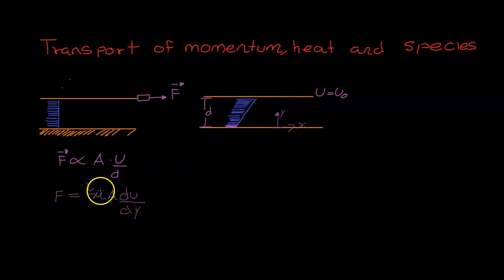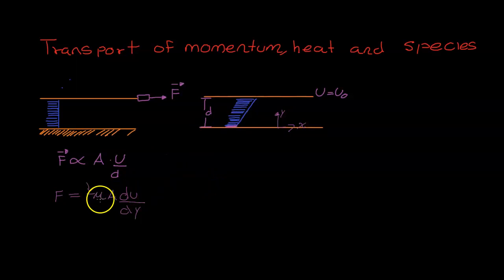And this mu here is what we called dynamic viscosity in the previous video. That is just the resistance to flow under an external force, we said. If we didn't have this force here, and instead just gravity, this would be kinematic viscosity, but this is not the case.